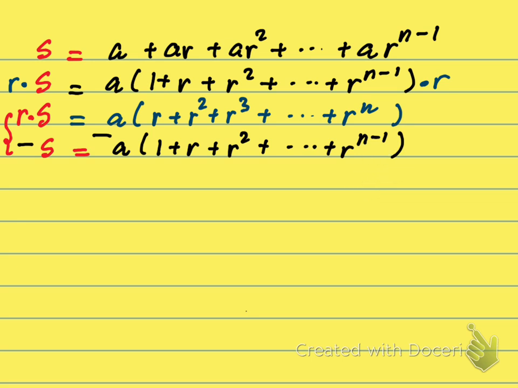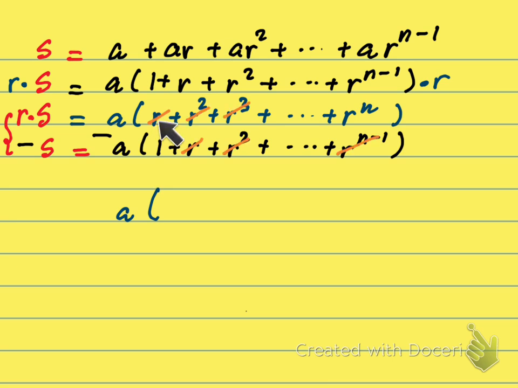Now look at the right side of these subtractions. Again, a is still the common term, so we factor the a out. And we want to find what is left over after subtracting these expressions from these expressions.